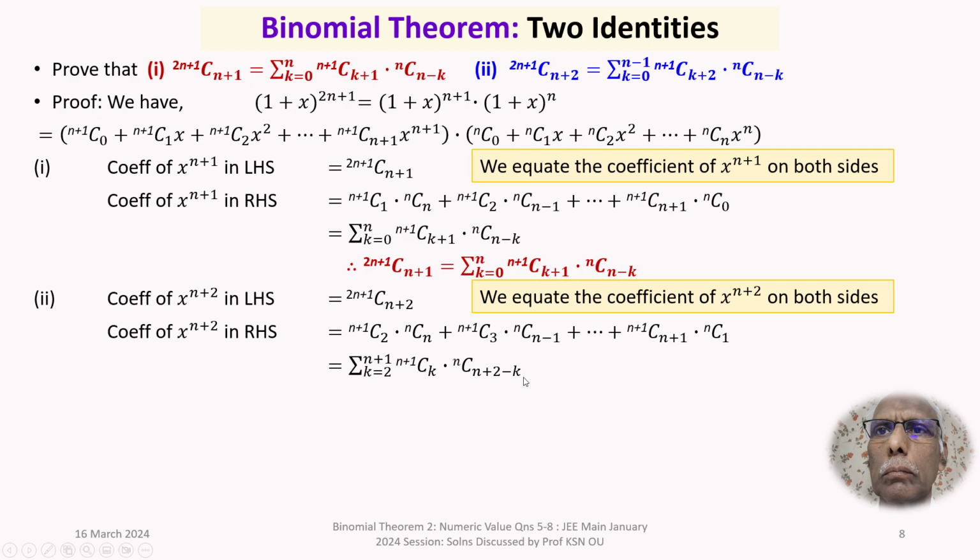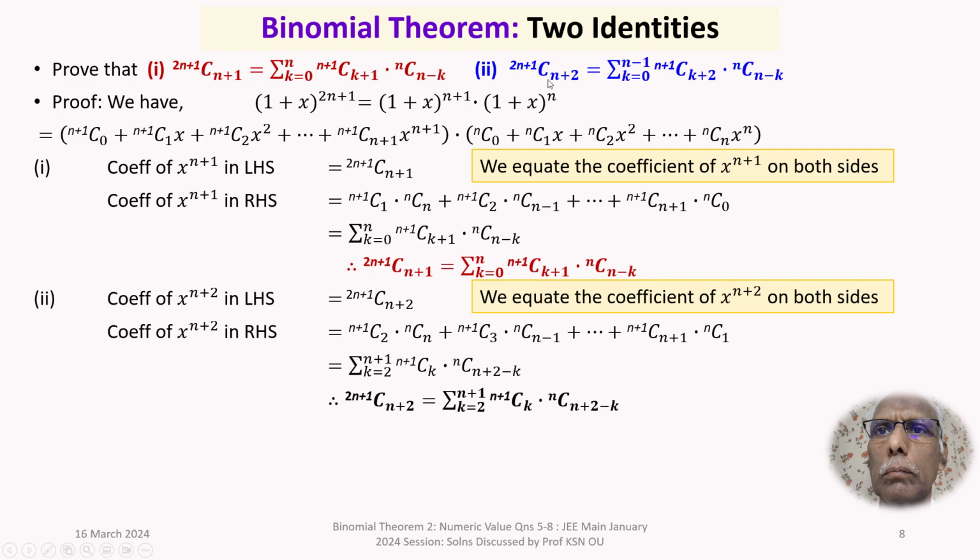Yes, this is also true. It is an independent result: 2n+1 C n+2 is equal to sigma k is equal to 2 to n+1 of n+1 Ck into nC n+2−k.